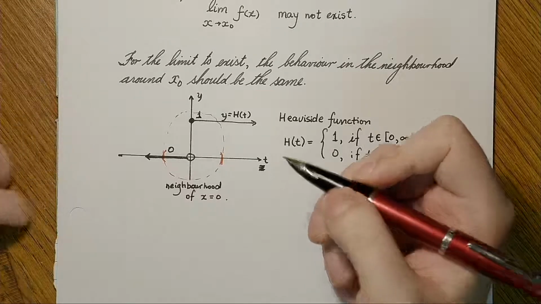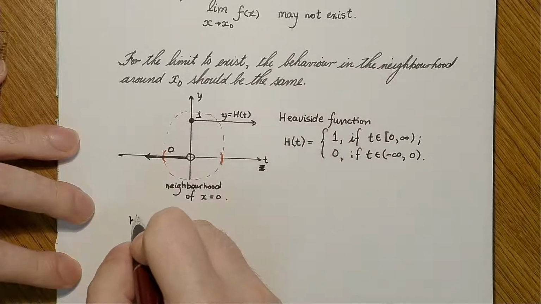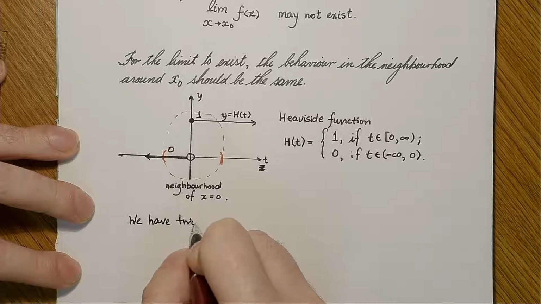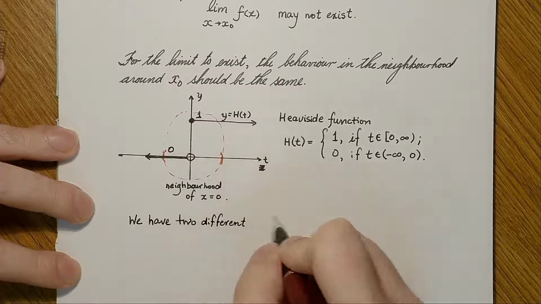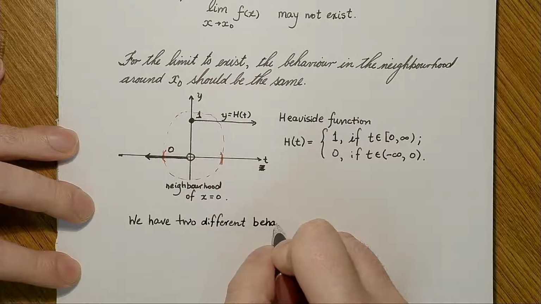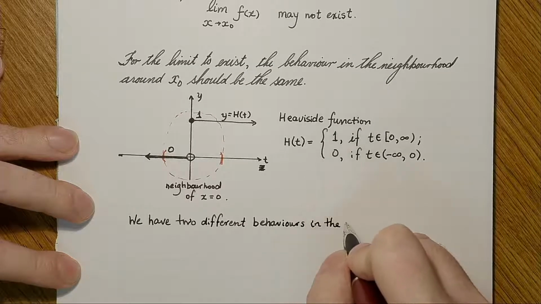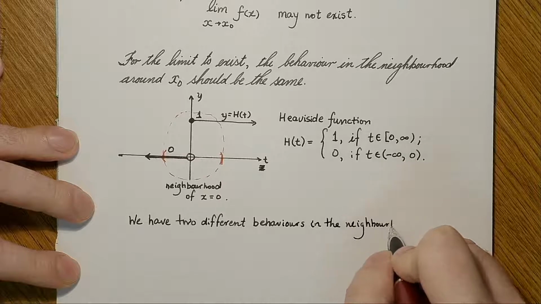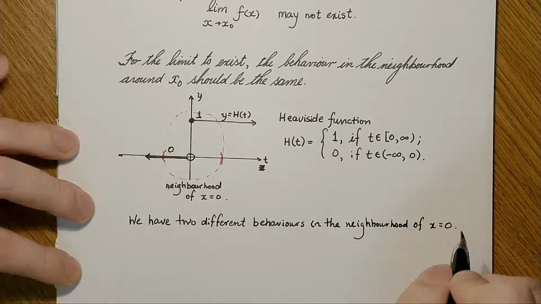So what I should write then is we have two different behaviors in the neighborhood of x equals 0.